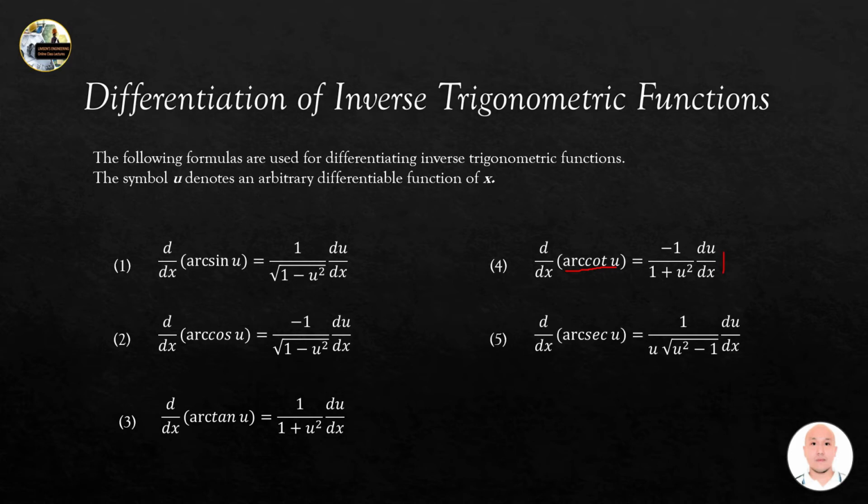Formula number 5, d over dx arc secant u is equals to 1 over u times square root of u squared minus 1 times du over dx, and last is d over dx arc cosecant u is equals to negative 1 over u times square root of u squared minus 1 times du over dx.